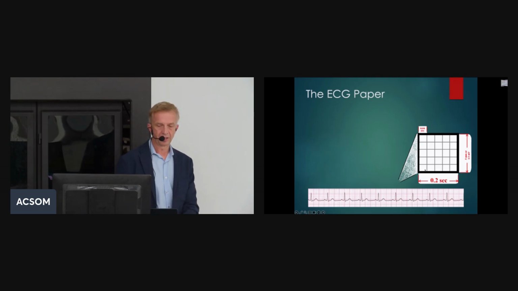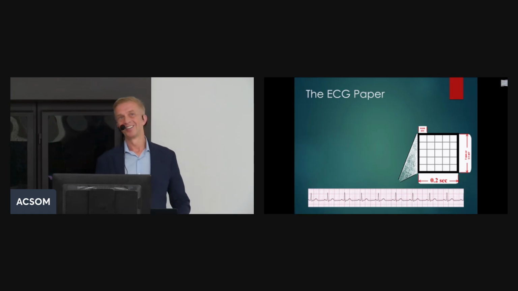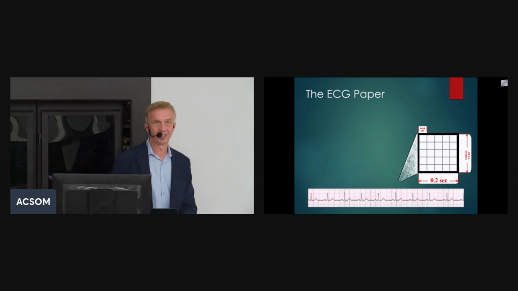So what is the duration of one smaller square? 0.04 seconds, right? Or 40 milliseconds. So one small square is 40 milliseconds. One big square has 5 small squares, which is 200 milliseconds or 0.2 seconds.